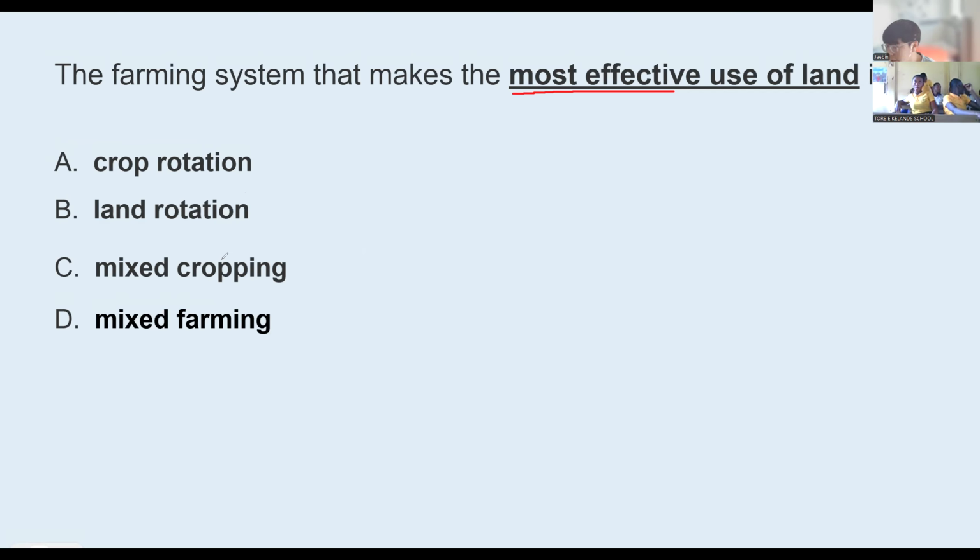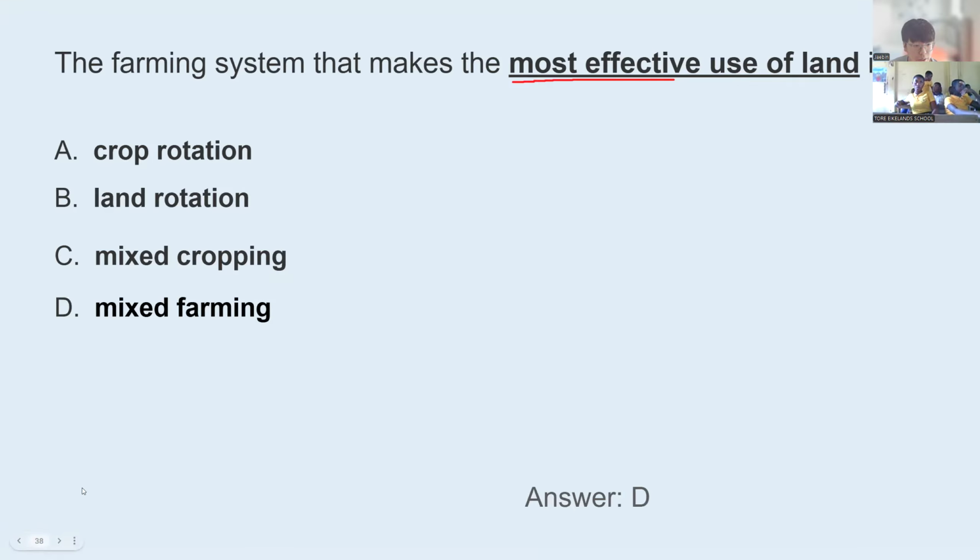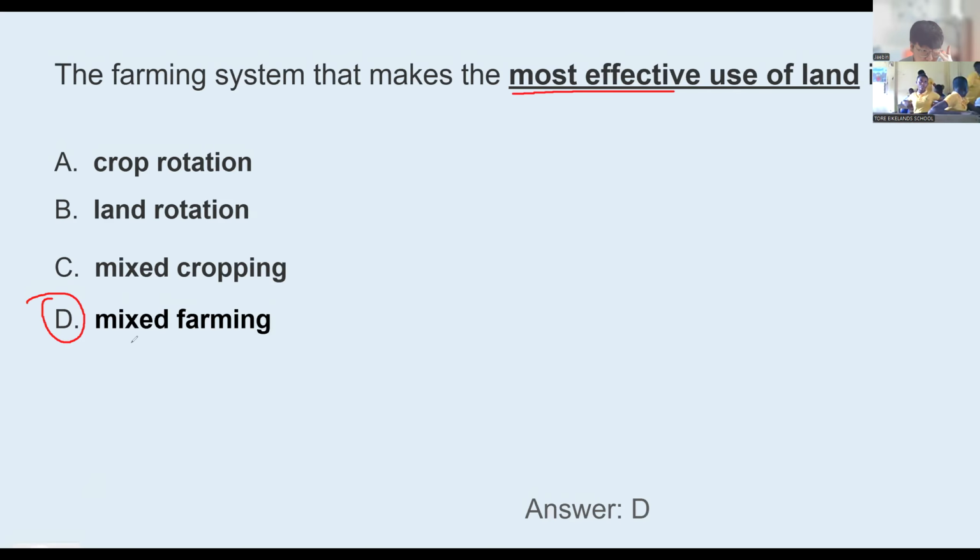Maybe you said B, or I heard some A's as well. But the answer here is D. It's mixed farming.